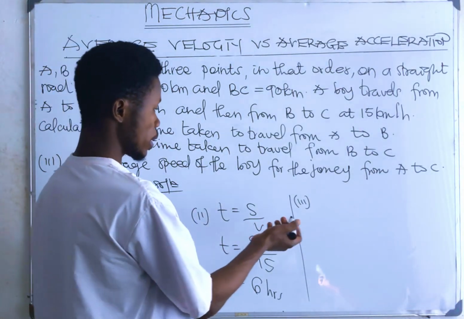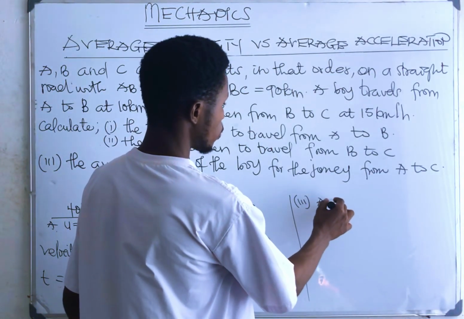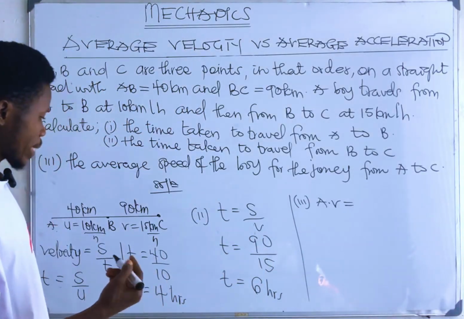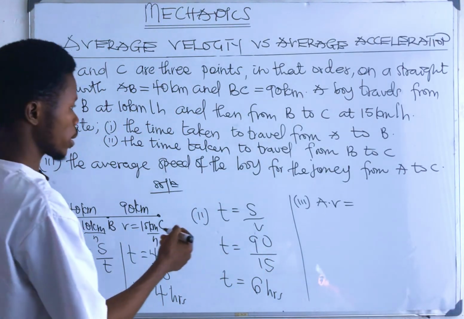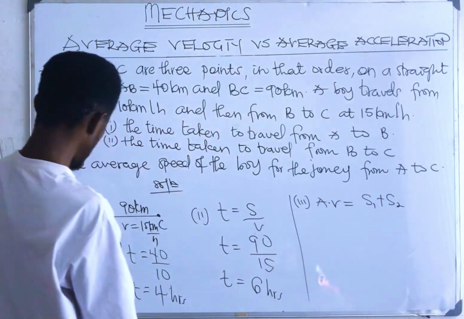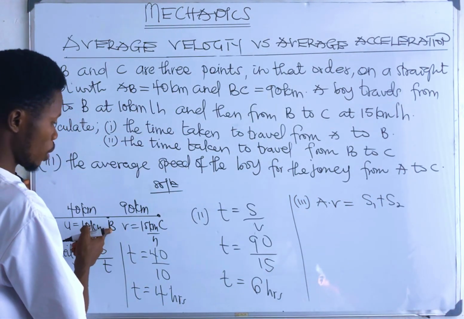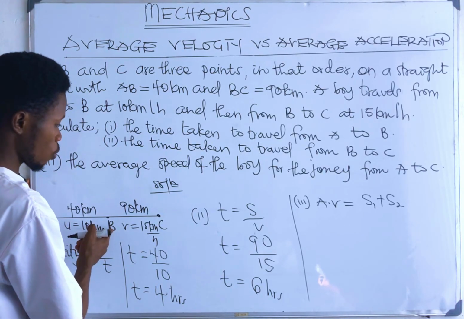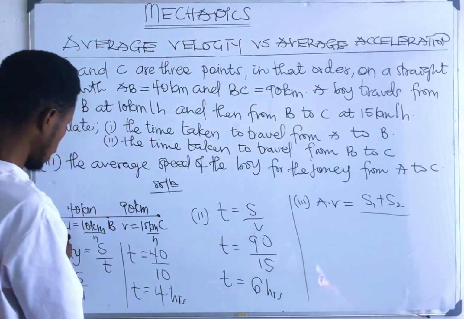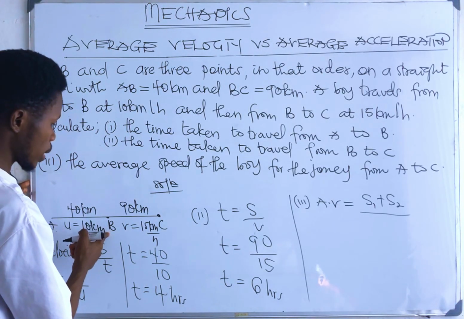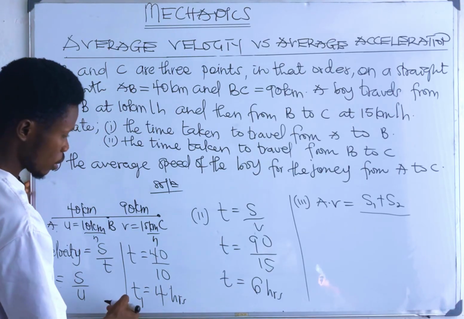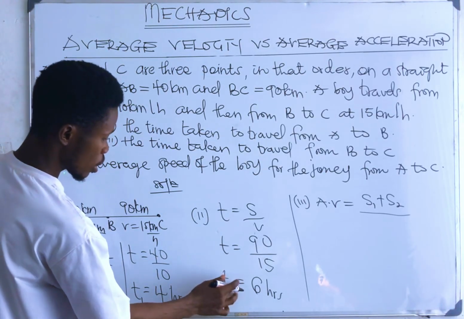So average speed will be equal to the total distance covered, S1 plus S2, the distance from A to B plus the distance from B to C, all divided by the time from A to B, T1, plus the time from B to C, T2.